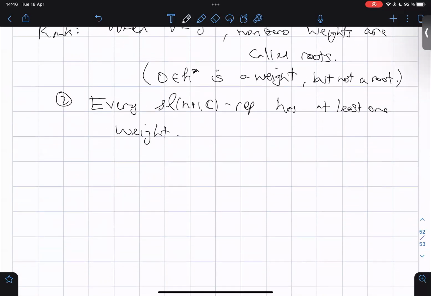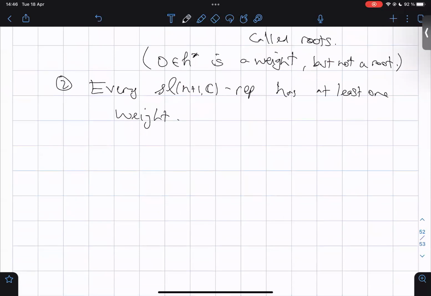So let's build up our vocabulary of some basic irreducible representations, just like we did for SL2. Remember, of course, there's the trivial representation, one-dimensional, doesn't do anything. But then we started with the standard representation. So, example: the standard representation. What are the weights in this case?